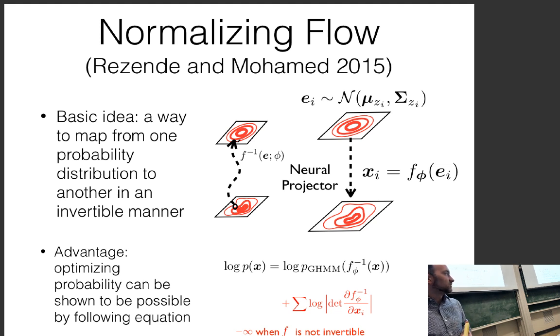So if you go back and read papers on this topic, they propose a bunch of different ways you can do this, even for recurrent neural network type models as well.